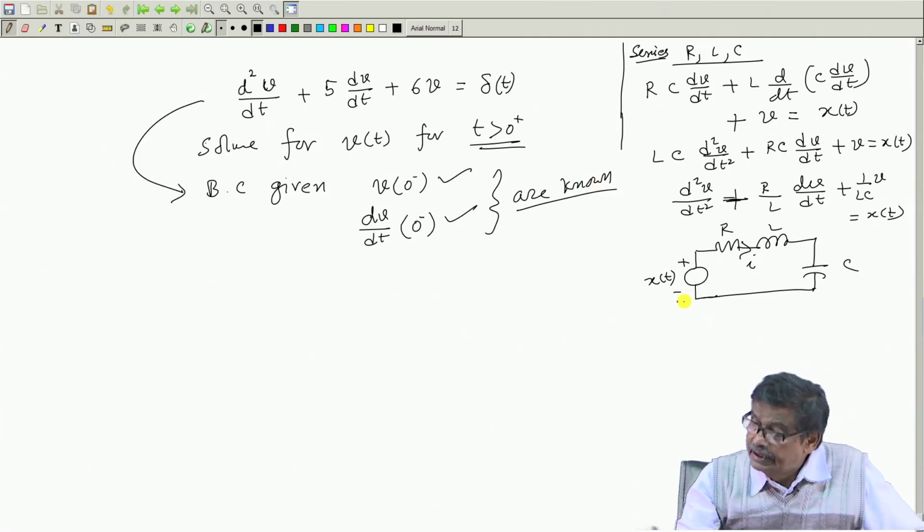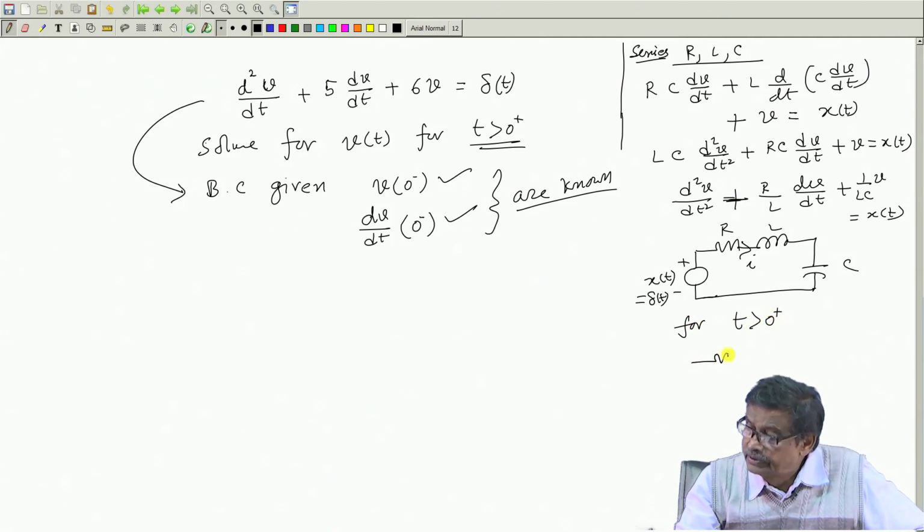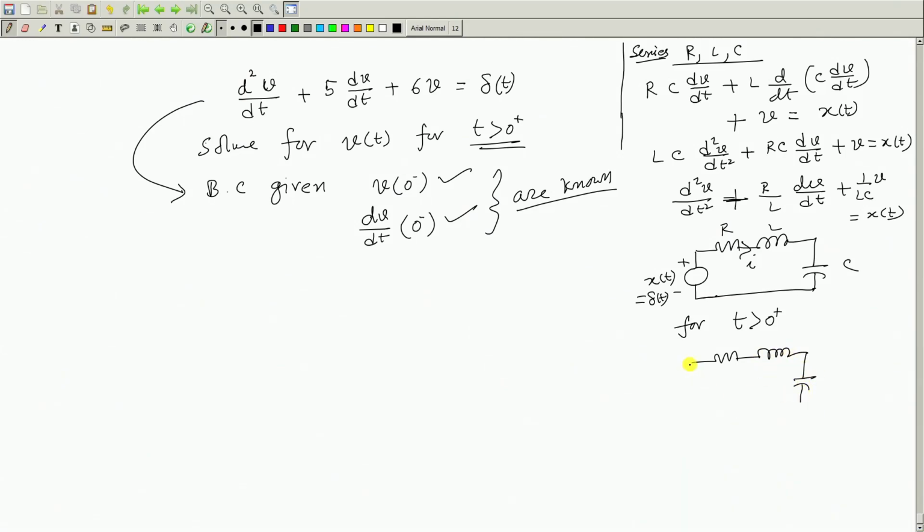Now, if x(t) is equal to delta(t), for t greater than 0 plus, the circuit looks like the impulse does not exist at that time, and the x(t) is 0. Impulse only exists between t equal to 0 minus to 0 plus, because delta(t) only makes its presence felt during 0 minus to 0 plus.